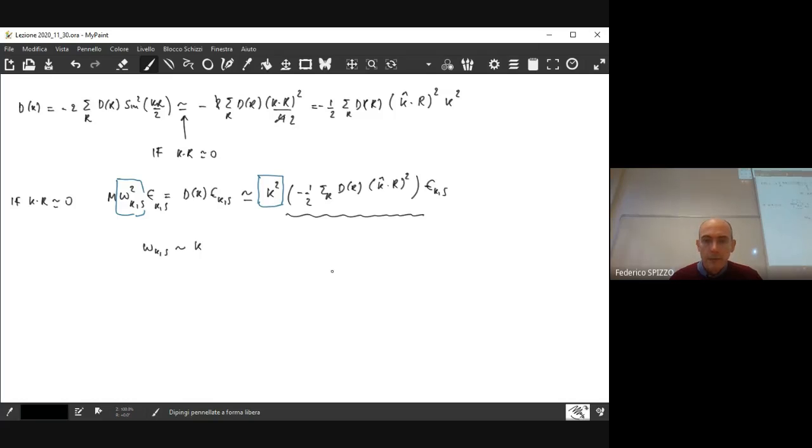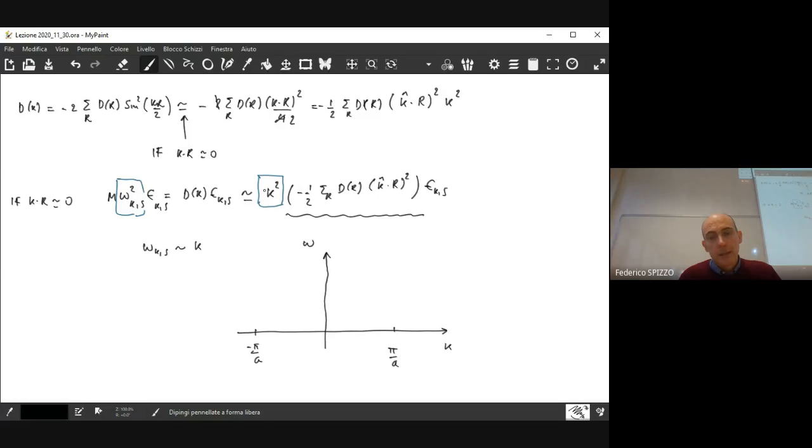So if we plot omega as a function of k in the first Brillouin zone, for values of k close to 0, the dependence is linear. Another important point is that on the right side, the dependence is on k squared.